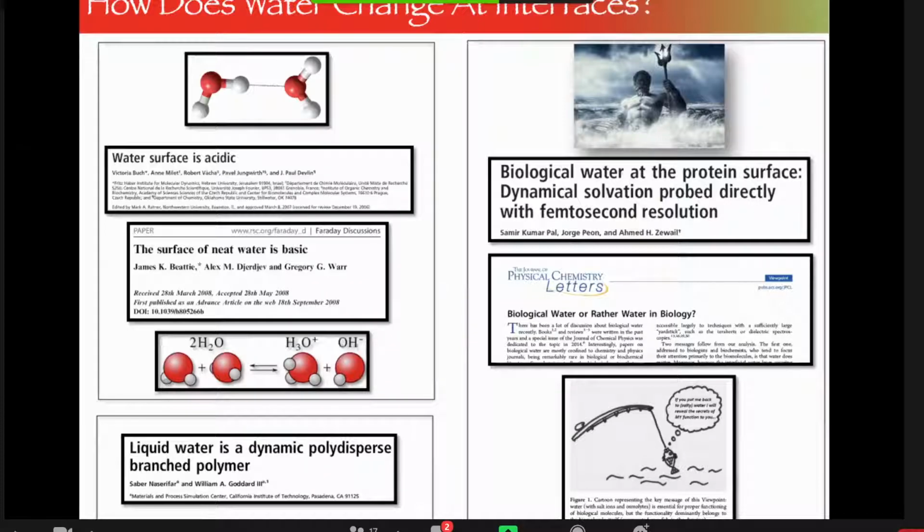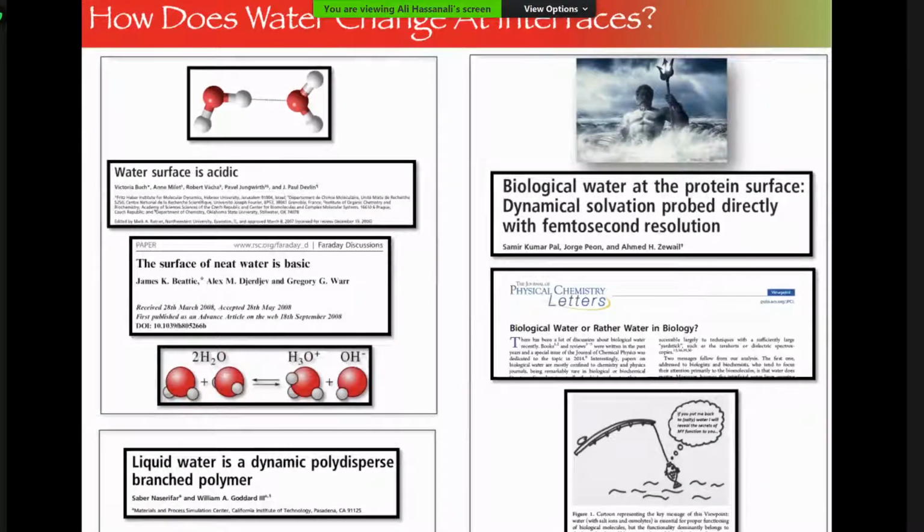I don't have time to get into all of them, not even a few of them. I just show you here a snippet of some of the big controversies of how water changes near interfaces. There are people who think that water is basic near interfaces, others who say that it's acidic. And then there have been some very interesting ideas on how water changes near biological systems. You're welcome to go to these references if you're interested.